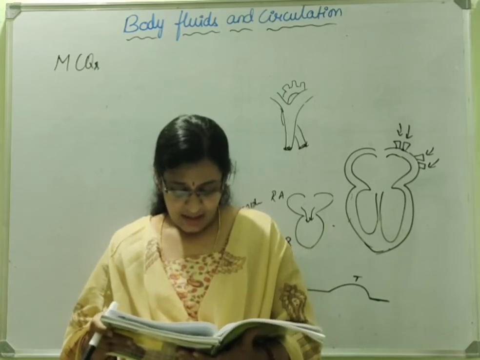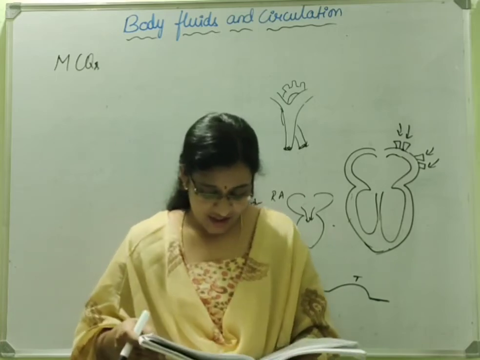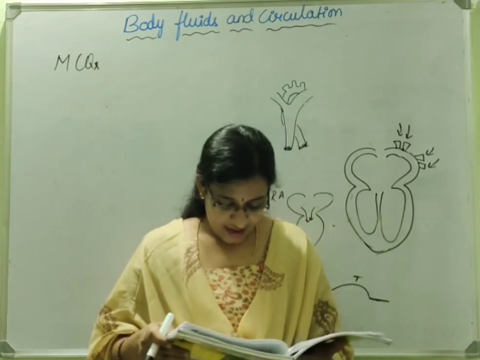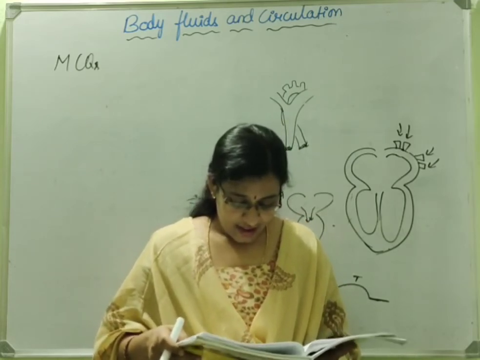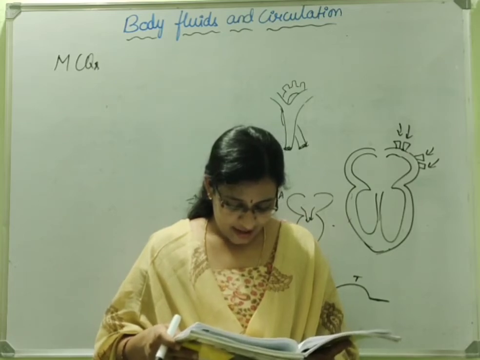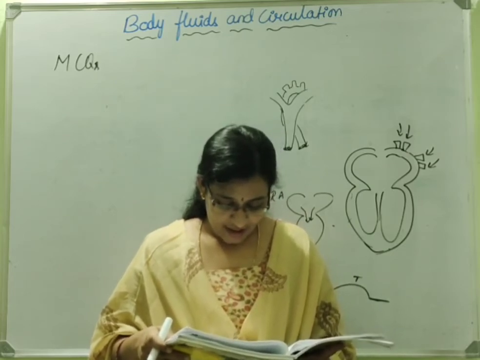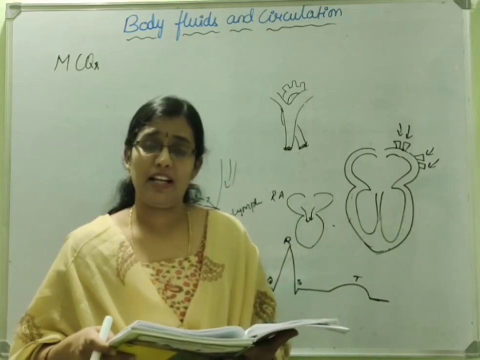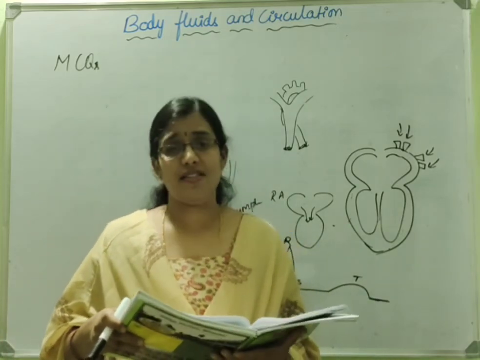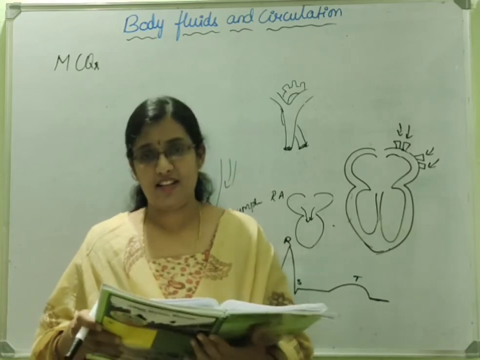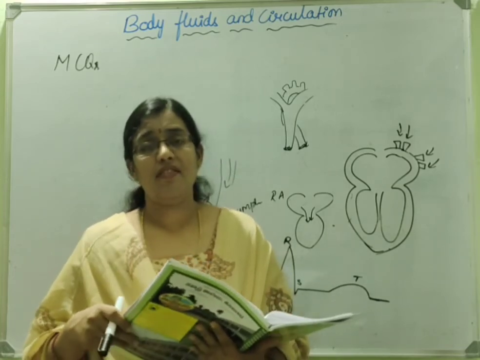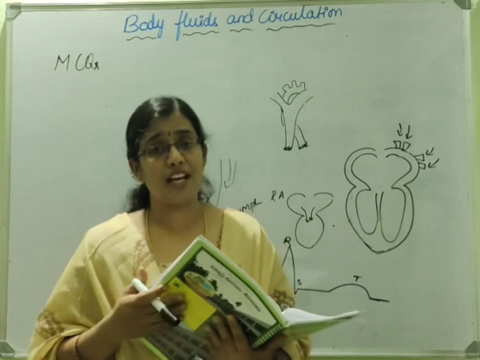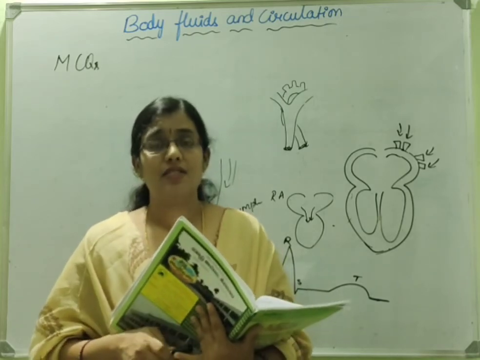Next question. The blood circulation which starts and ends in capillaries is A. Portal circulation, B. Renal circulation, C. Hepatic circulation, D. Lymphatic circulation. The blood circulation which starts from the capillaries and ends in the capillaries is called portal circulation. We have already discussed the hepatic portal system circulation.